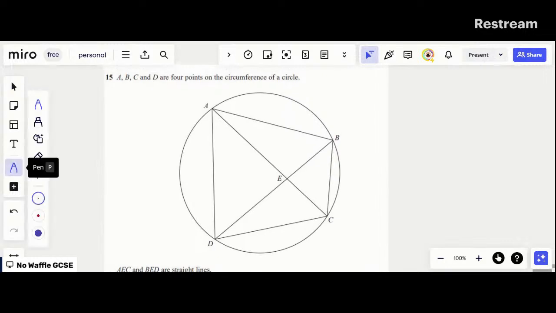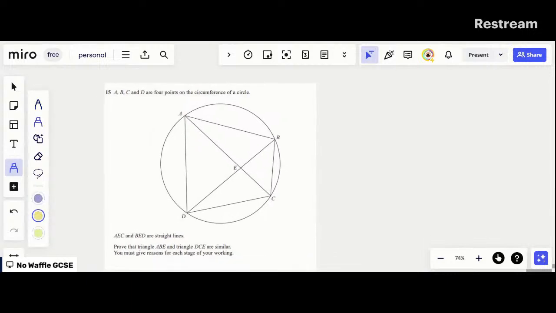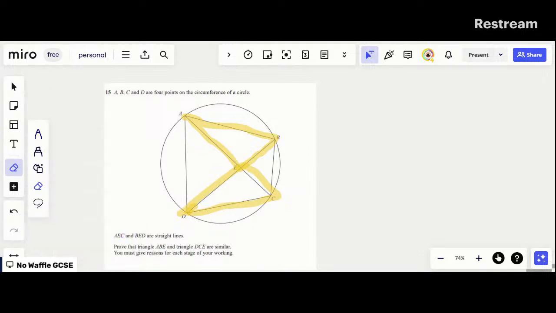So we want to prove that triangle ABE, which is this triangle here, and DCE are similar. So we've got no common points, but let's see what we can say about them.